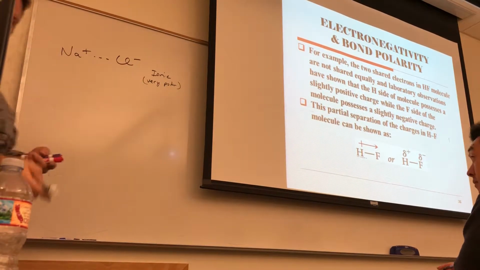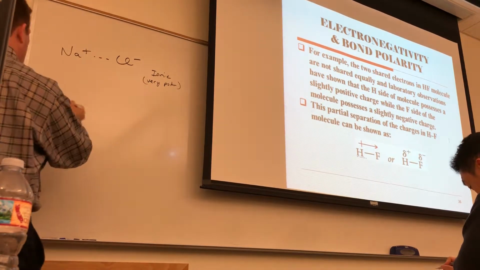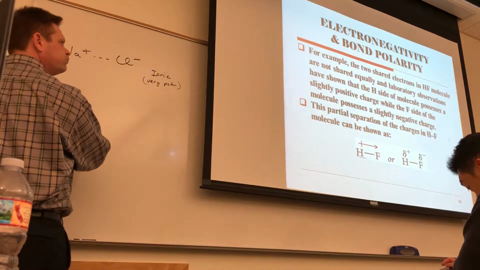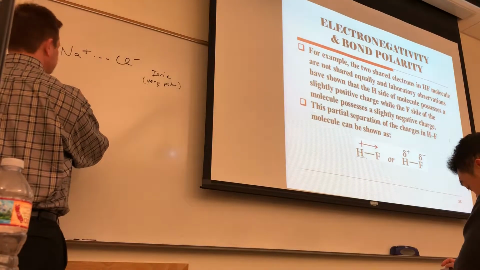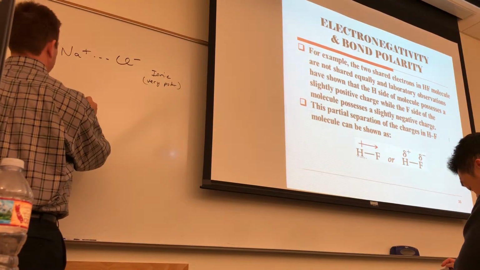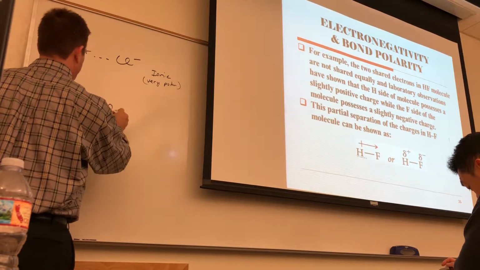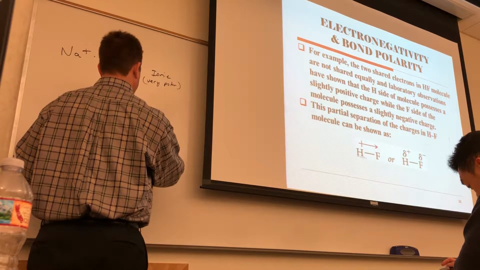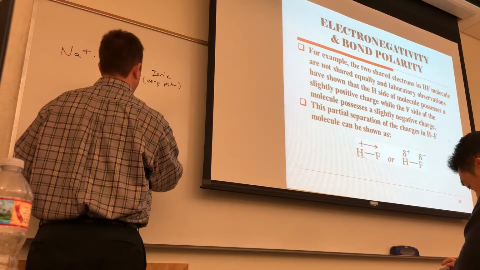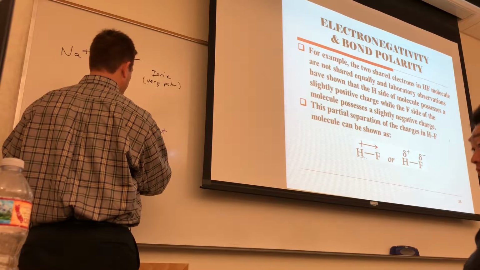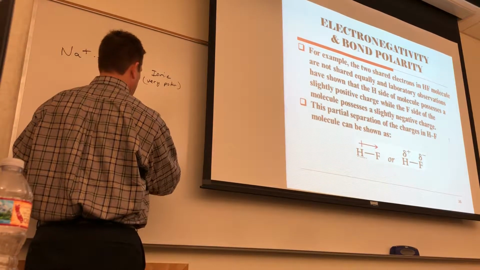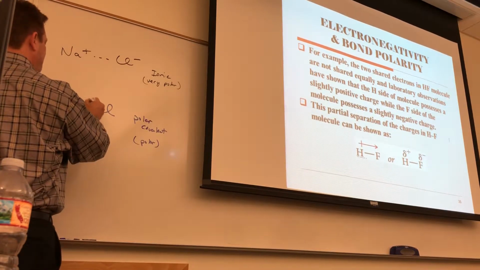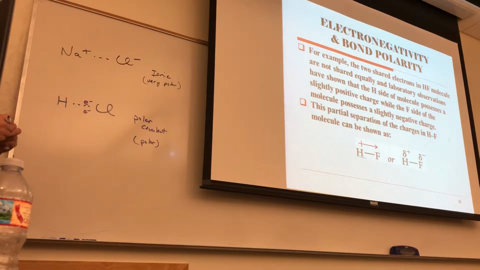This is an ionic bond. If I look at HCl, I have a polar covalent bond, and this is just polar. Not very polar, polar. Here the electrons are favoring the chlorine.